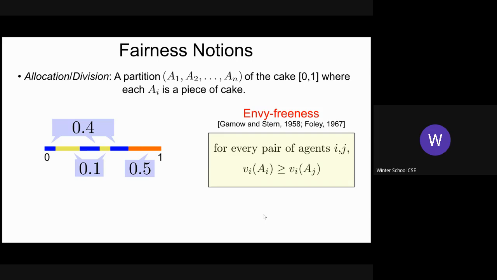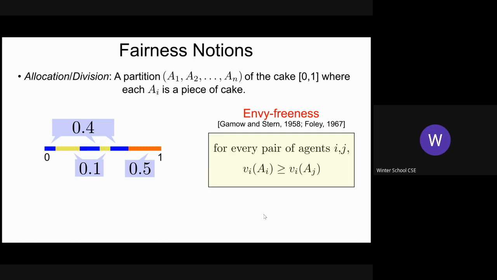Maybe I should have phrased it differently. I should have said I should not strictly prefer someone else's piece. So it's not actually a swap that is happening. It's the desire to swap from some agent's perspective, and there should not be any desire to swap with anyone else. I hope the definition is clear to everybody.